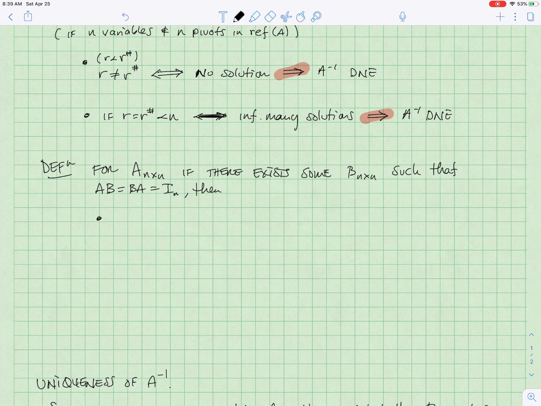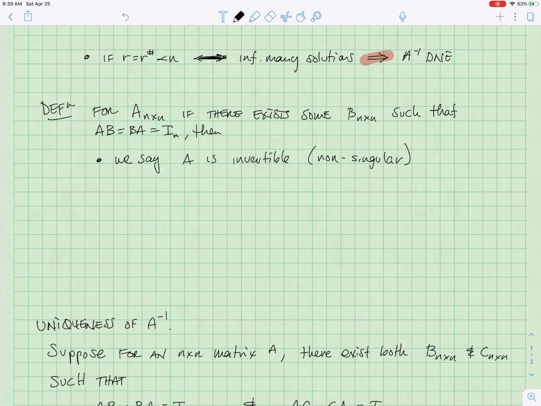Then we say A is invertible or non-singular. You'll hear people say that sometimes. Well, you probably won't hear people say that, but you might read it in a book. We say that A is invertible. What does that mean? It means that B is equal to A inverse.